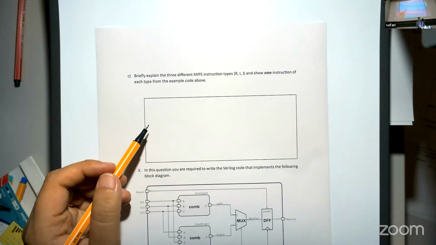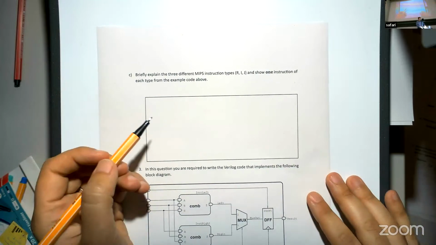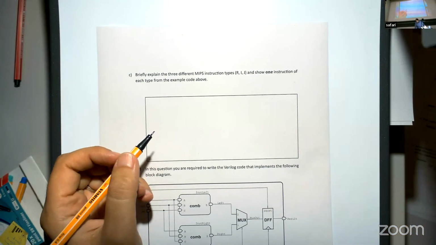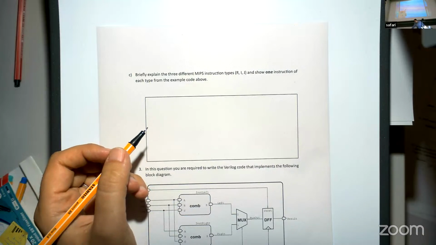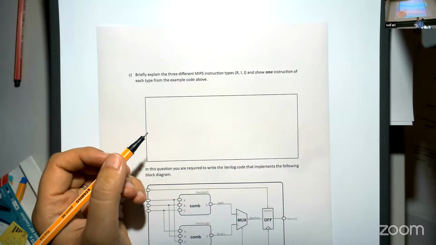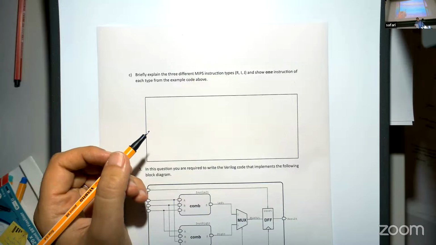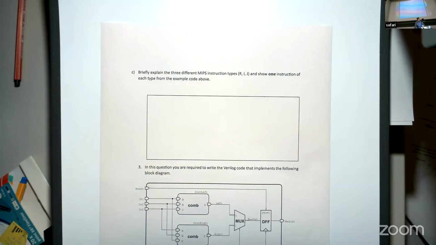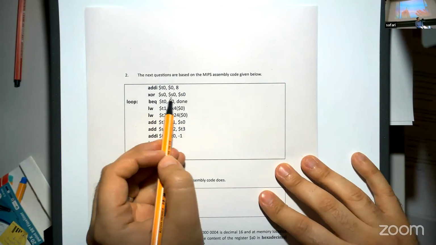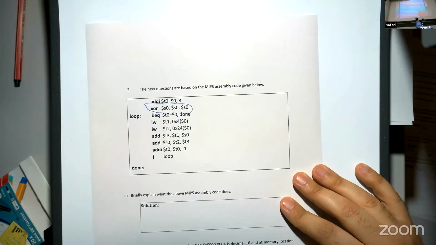Mostly R-type is used for arithmetic operations. But based on the solution, I think only saying that operands come from 3 registers would be enough: 2 are source operands and 1 is the destination operand. An example from the code: we had this XOR, which is an R-type instruction.